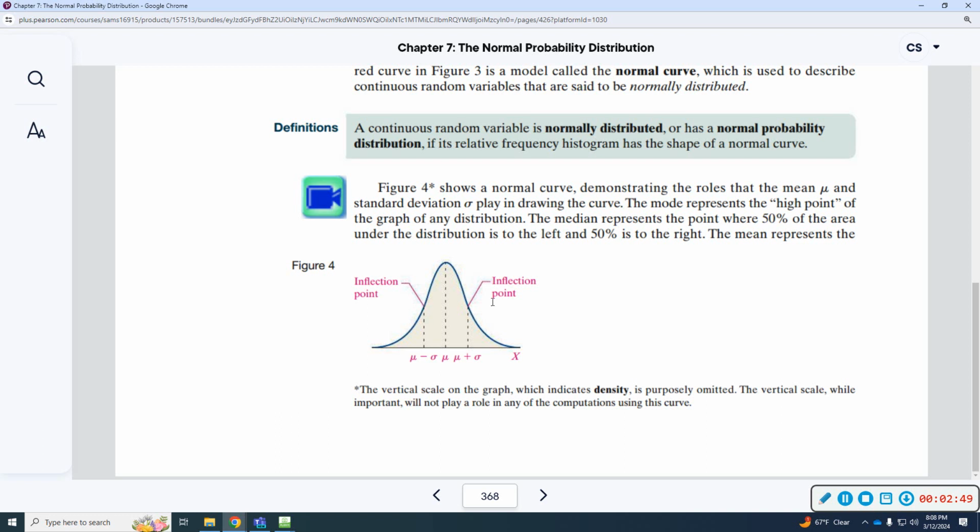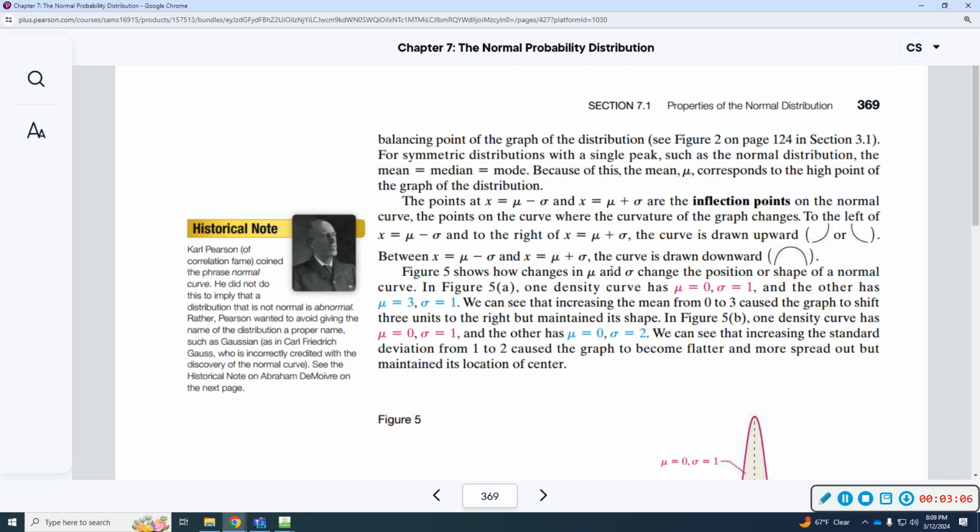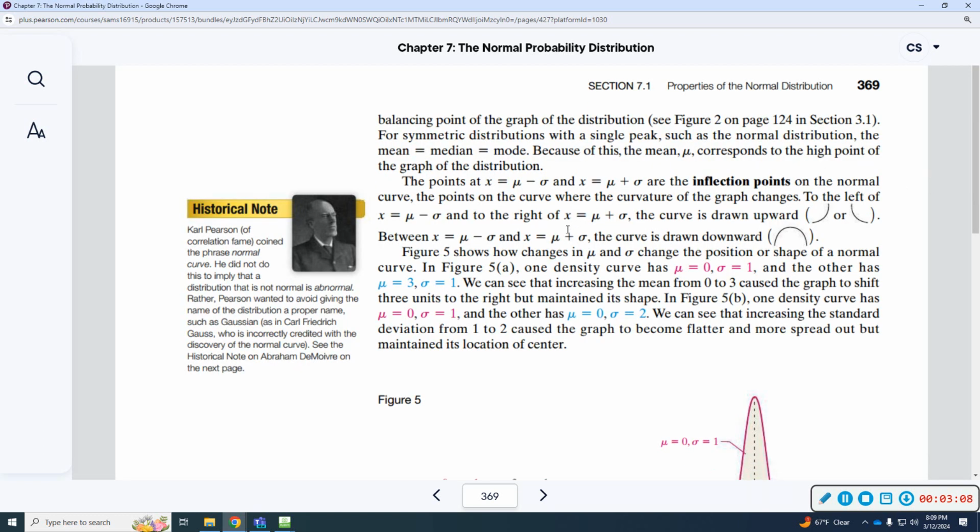So the inflection point is a change of direction from concave up, like a U shape, to concave down, like an N shape. That inflection point is at the mean minus or plus the standard deviation. And it's explaining that a little bit here.